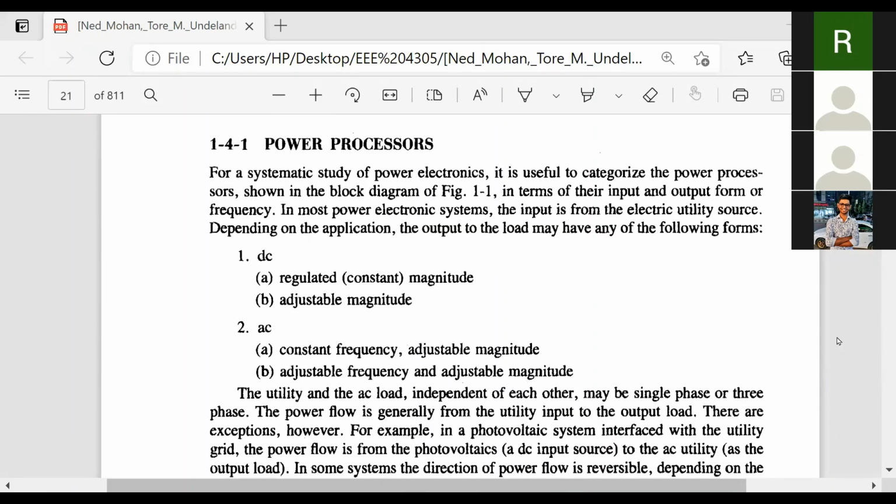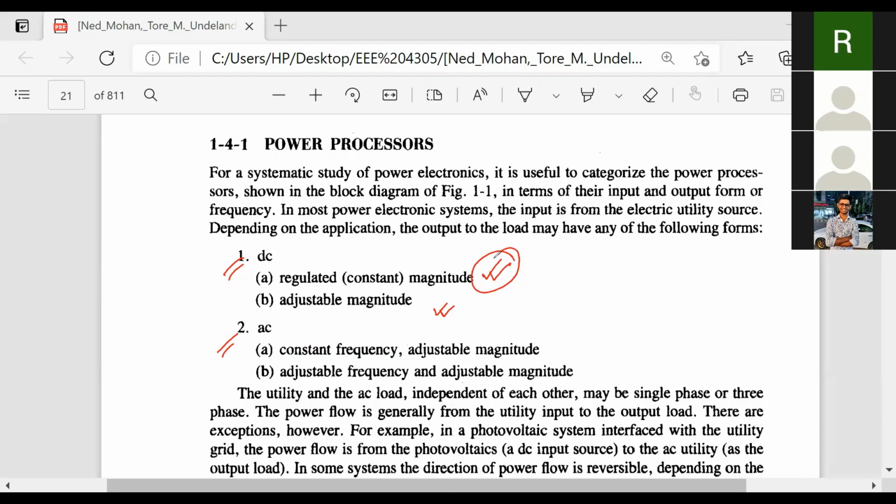generally, I have already given this introduction to you. So we have converters. AC-DC means you have a converter like AC to DC with a constant magnitude, or you have a different magnitude. If you want a constant magnitude, you can use the diode rectifier.